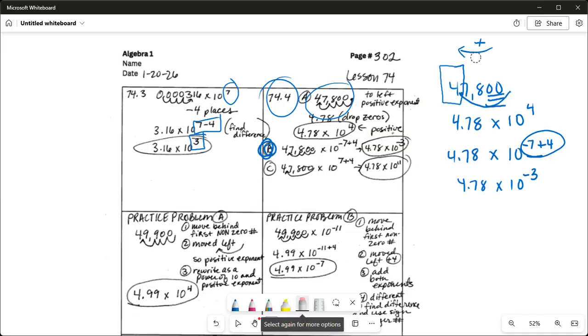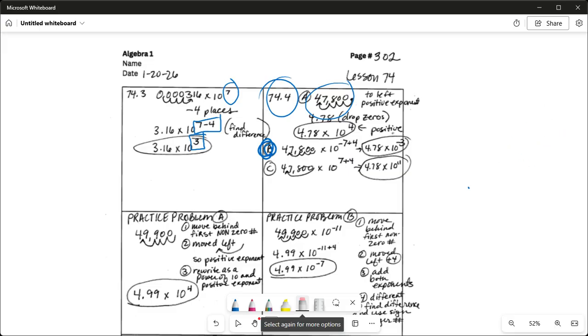Okay, and then that third way that this one could go in that same example, we've got 4.78 times 10. This time, both of the exponents are positive. So they have the same sign, so we're just going to add them. So 7 plus 4 is 11.